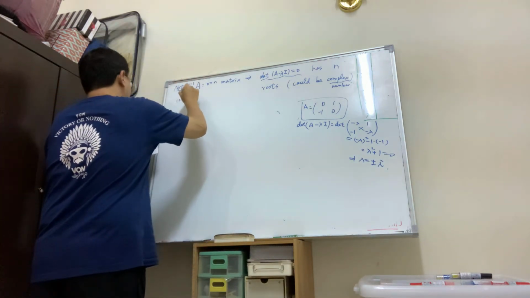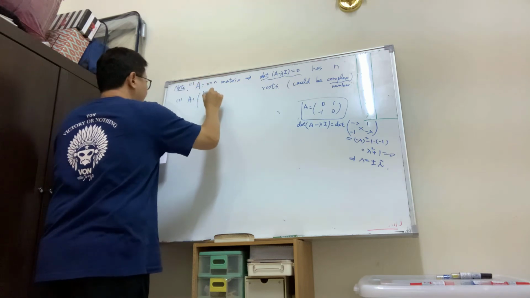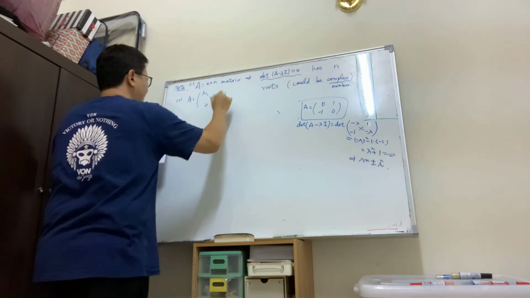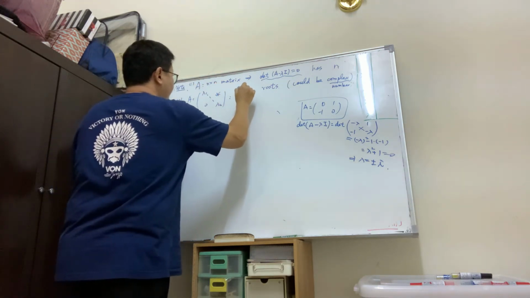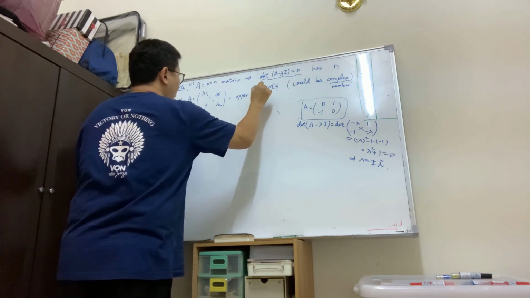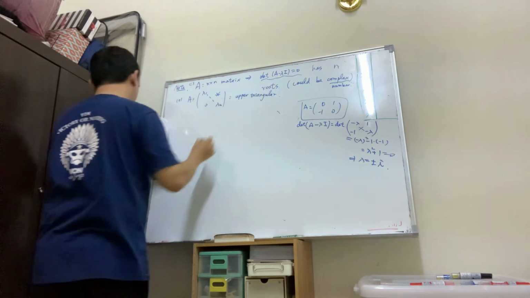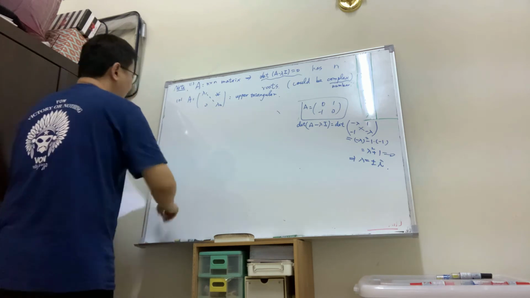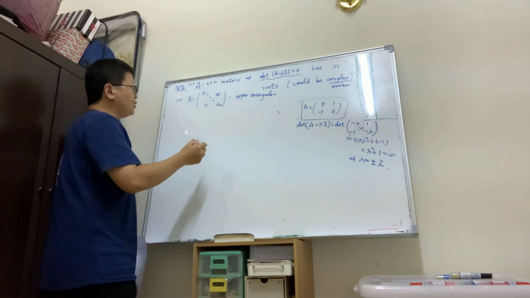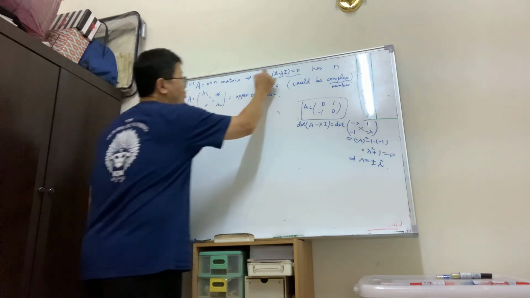The second one: if A is upper triangular, what can we say about its eigenvalues? As we know, if we want to know its eigenvalues, we should consider this.